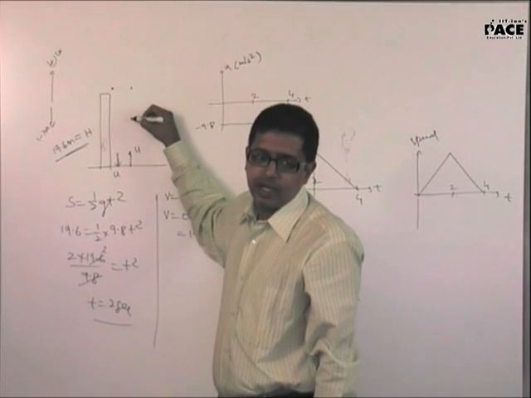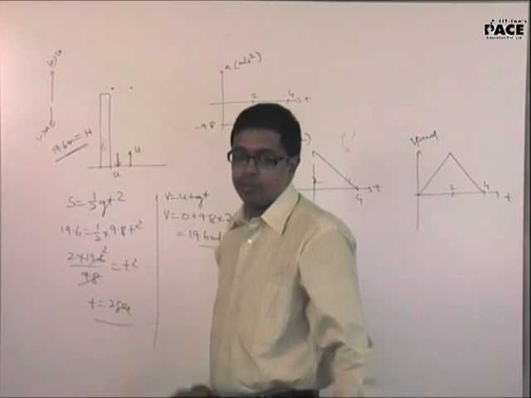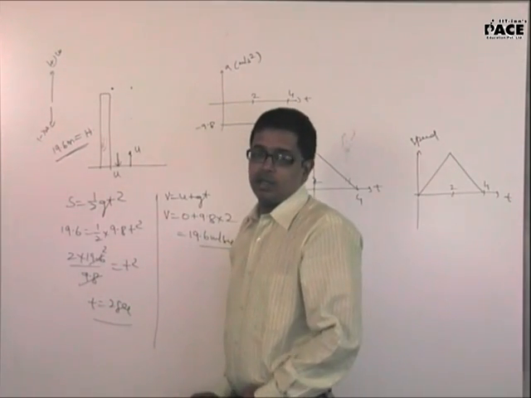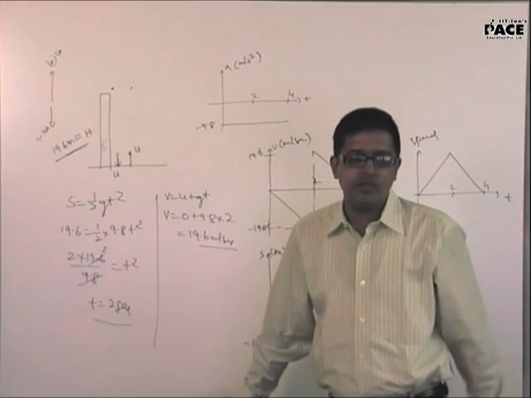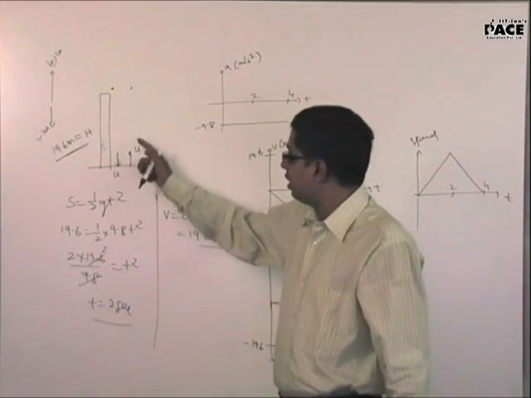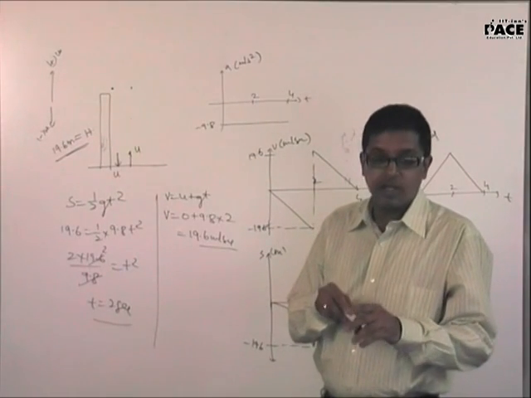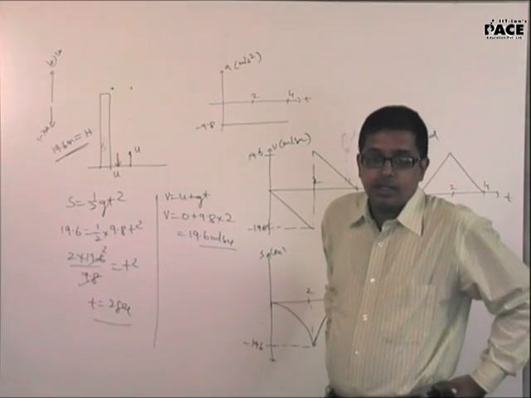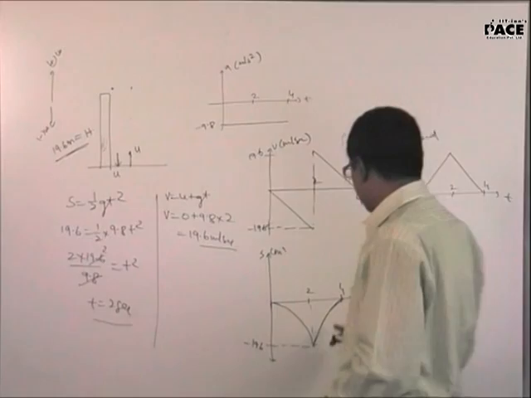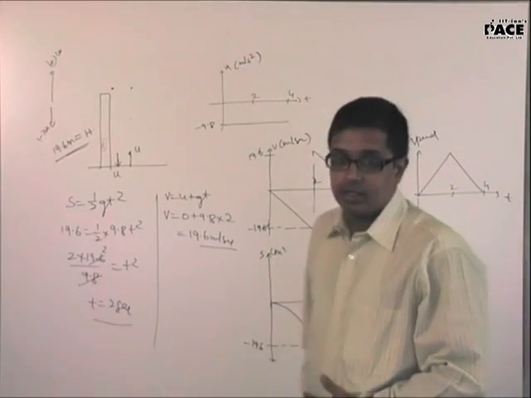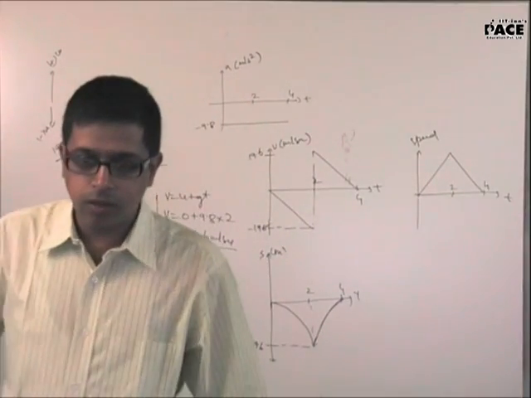Right? From the origin if it is going down, as a result of which displacement all throughout is negative. If the displacement all throughout is negative, it will be in this particular quadrant. Is the logic clear to all?